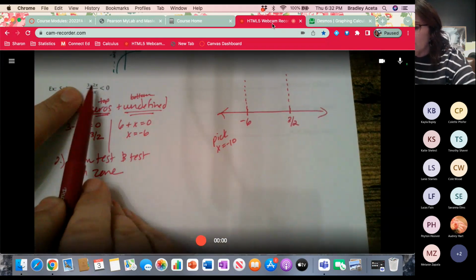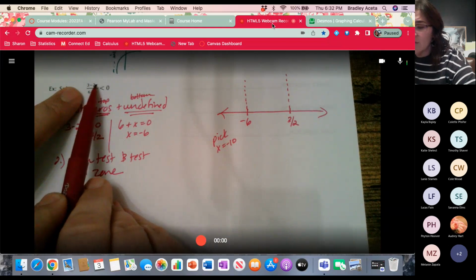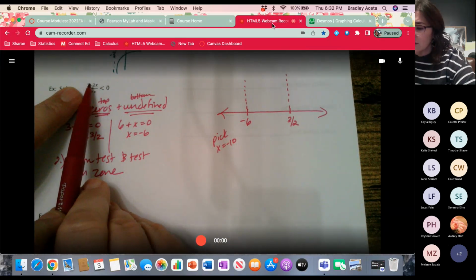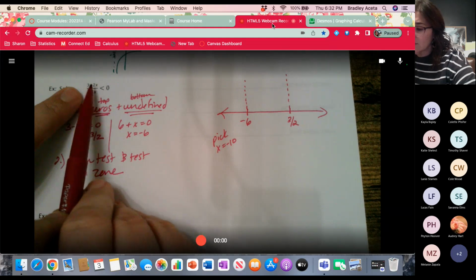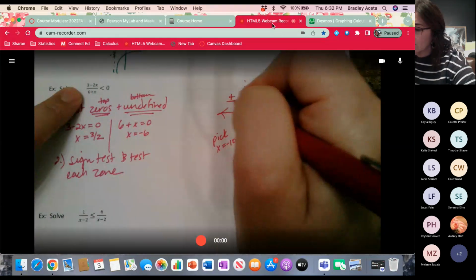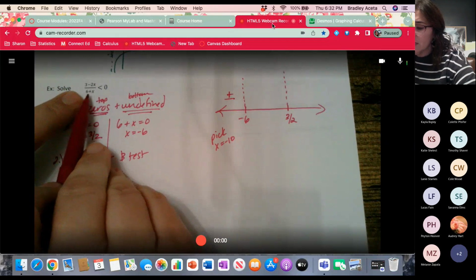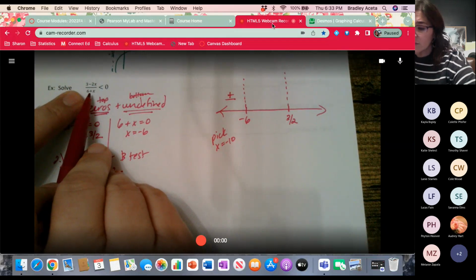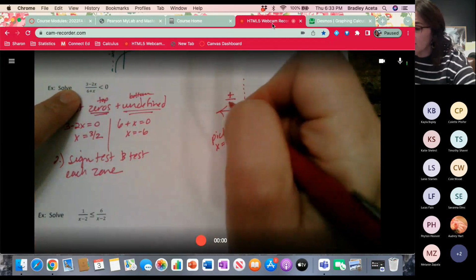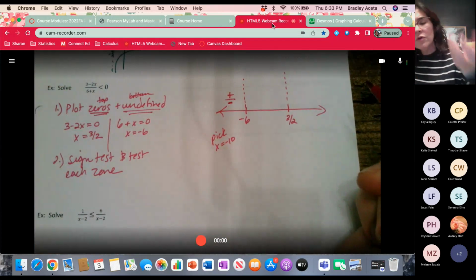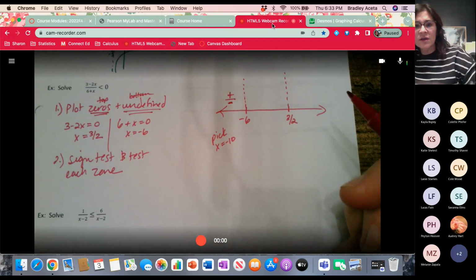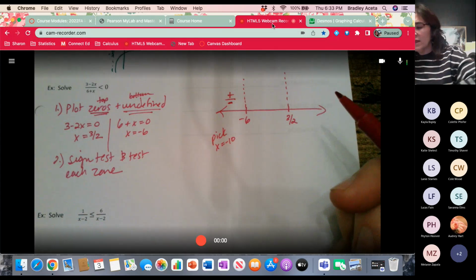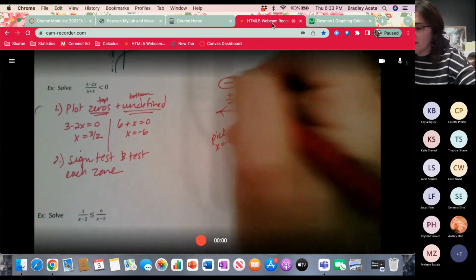Here's what I mean. If I plug -10 into the top for x, this would become positive on top. If I plug -10, though, into the bottom, 6 and -10 would be a negative. And if you know your rules for signs, which you should, any positive number divided by any negative number is negative.